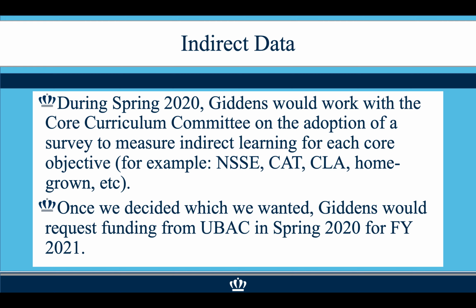These are some examples of published instruments which we could adopt: NSSE, CAT, CLA, or a homegrown instrument. These are surveys that go out to different students. So once we decided which we wanted, Giddens would request the funding from UBAC in spring 2020 for fiscal year 2021.